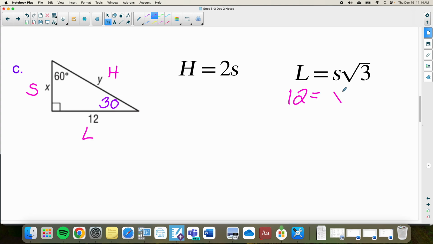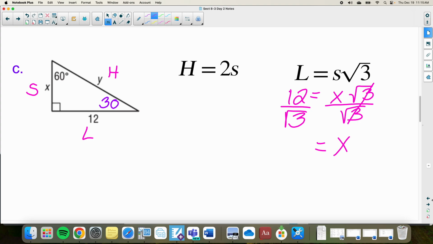S is X. Okay. Now, how would I solve this one? Don't I have to divide by square root of 3? So these would be gone. And now what you're going to do is the rationalizing the denominator or just typing it in your calculator.